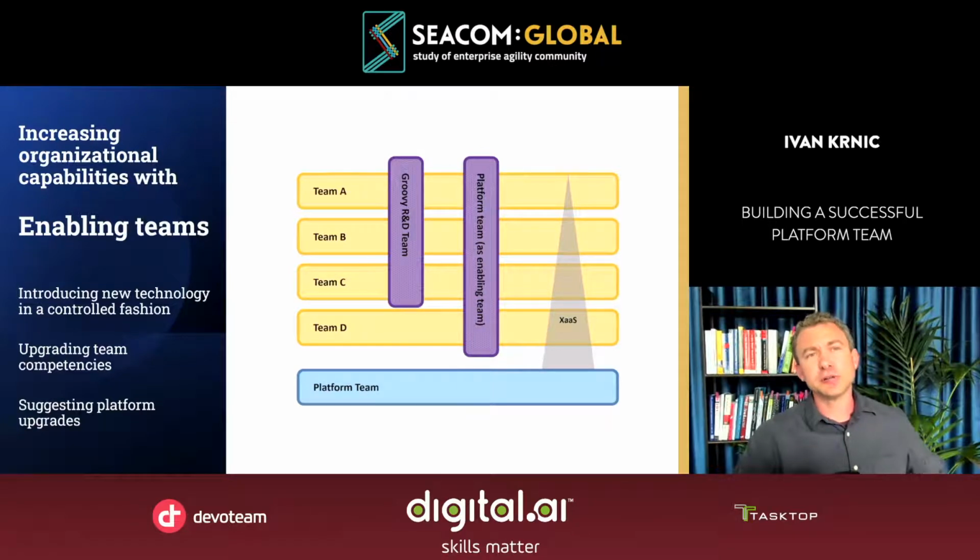We also figured out along the way that our platform team is also acting as an enabling team in terms of upgrading other teams' competencies, in terms of automation and applying other technical practices in the development process.